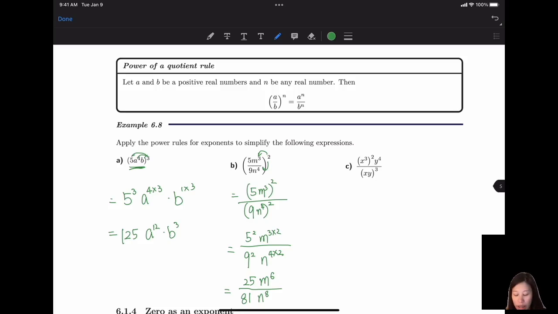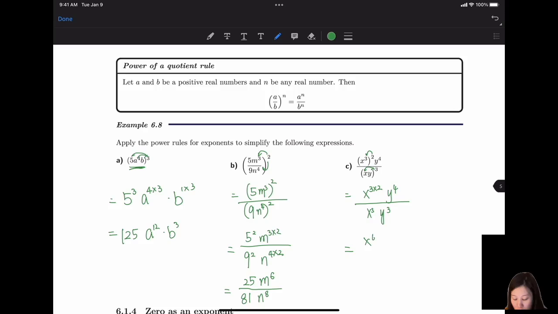Next one in here, what are we going to do? Well, we do everything inside the parentheses first, right? So now let's distribute them. We have x to the 3 times 2, y to the 4th, and then we distribute the third power inside the denominator. We have x cubed, y to the 3rd.